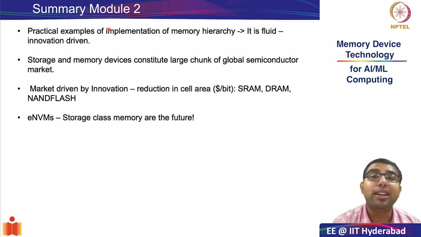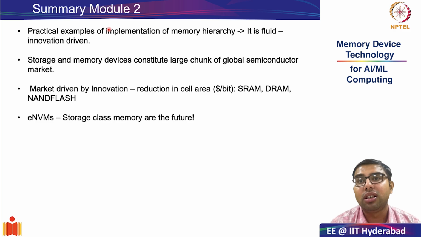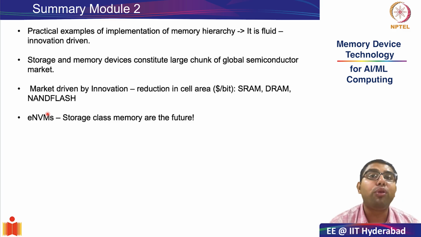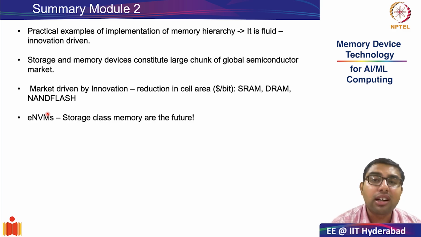We saw what are the different innovations which are happening for SRAMs, DRAMs and NAND flash. It was also interesting to note that the maximum growth in innovation, or even in terms of annualized growth, is happening in the new storage class memories, and therefore they are considered to be very important for the future.